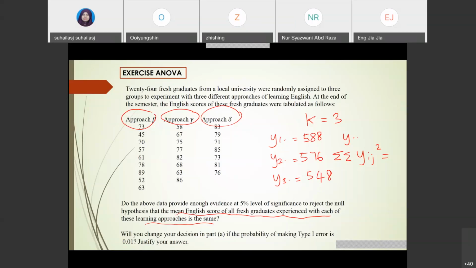Find the grand total, and then get the double summation Yij square. To compute double summation Yij square, you use shift sum in your calculator. Enter your data in your calculator, then press shift sum and find your summation x square. That will give you the double summation Yij square.